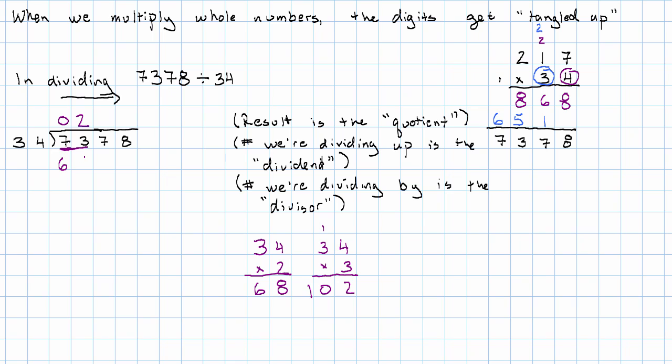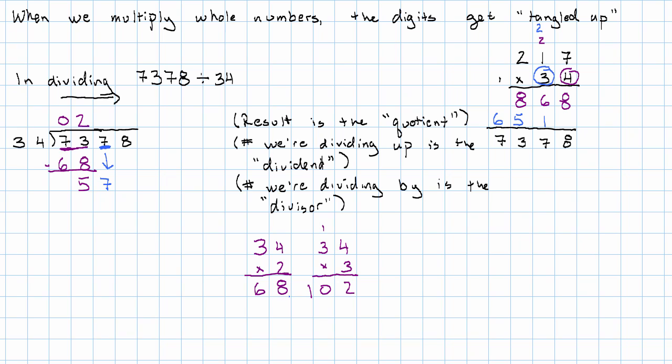That uses up 68 things. Now I have 5 left. Okay. Now I can move on to my next digit. Next I'm going to look at the 7, bring that down and put it after the 5. 34 goes into 57.